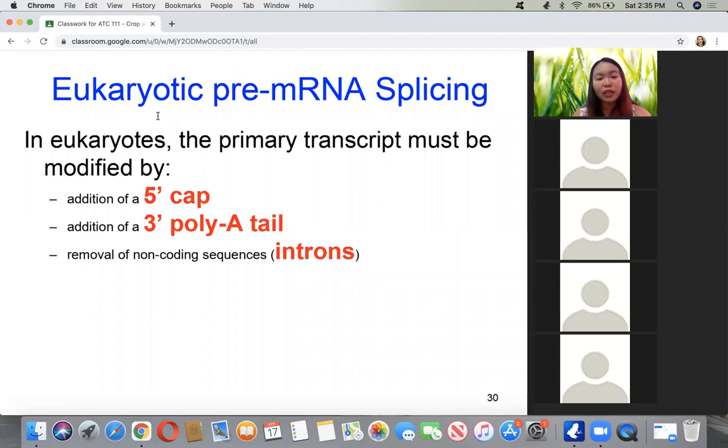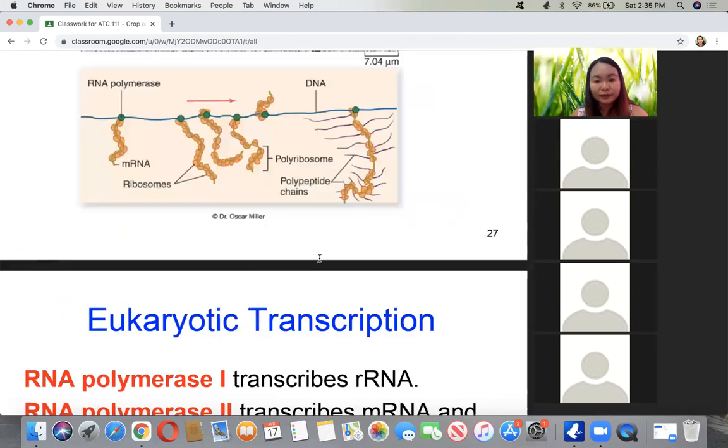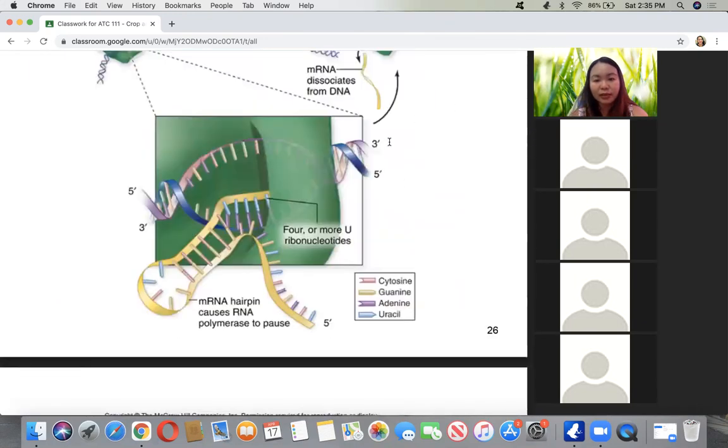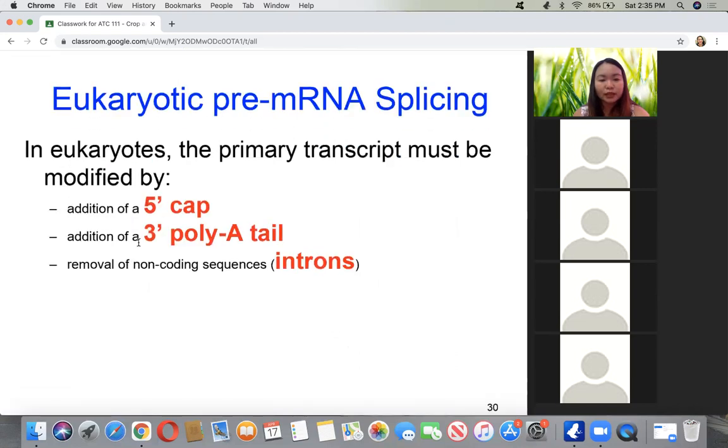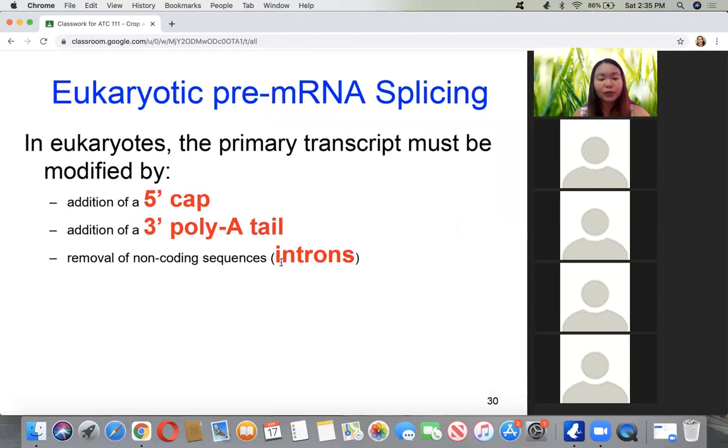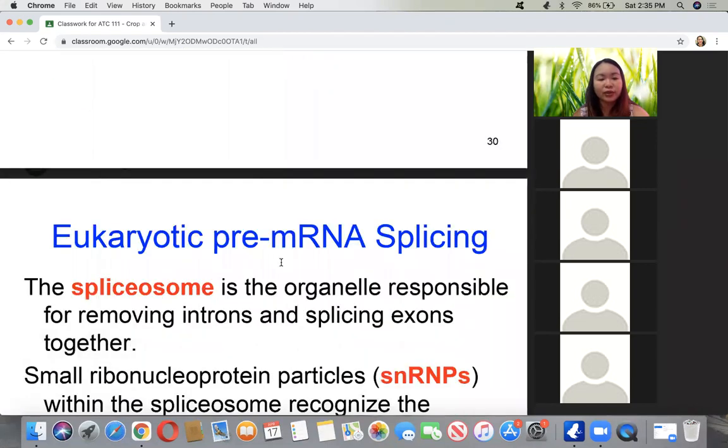So we also have eukaryotic pre-mRNA splicing. In eukaryotes, the primary transcript must be modified by the addition of a 5' cap and a 3' poly A tail, as you have seen here, and by removal of non-coding sequences called introns.